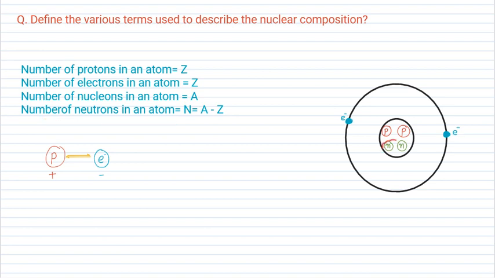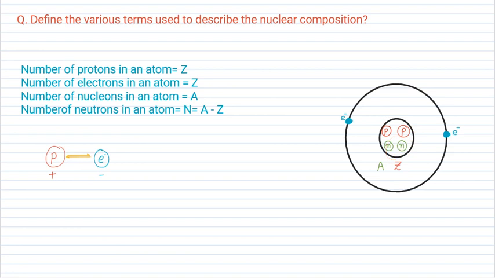The next one is the number of neutrons inside the atom. So how many neutrons are inside the atom? How to calculate this one? If you know the total number of nucleons inside the nucleus is capital A, and the total number of protons inside the nucleus is capital Z, then how many neutrons will there be?